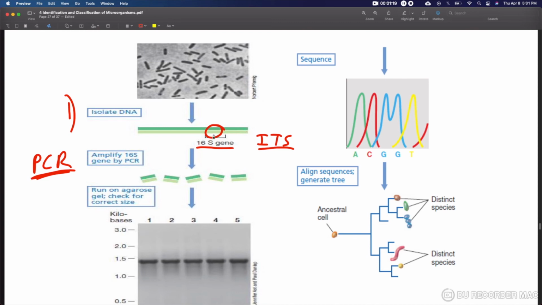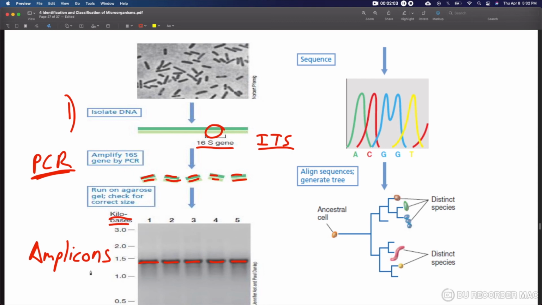It will amplify your gene, this DNA portion, creating exponential copies of that gene, and then we'll check the size of it. To check if we have captured or amplified the right gene, we use agarose gel electrophoresis to check the kilobase or molecular size of your amplicons. These are your amplicons, because we have amplified them from the PCR reaction earlier.